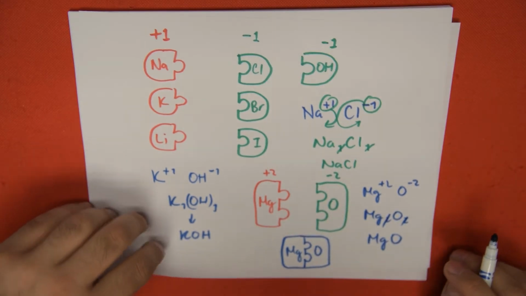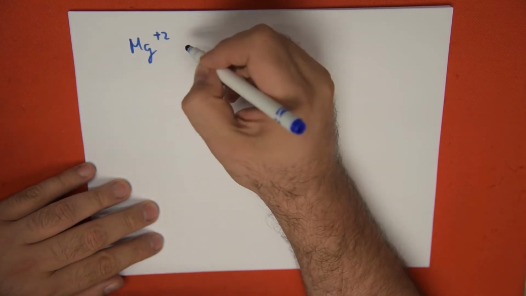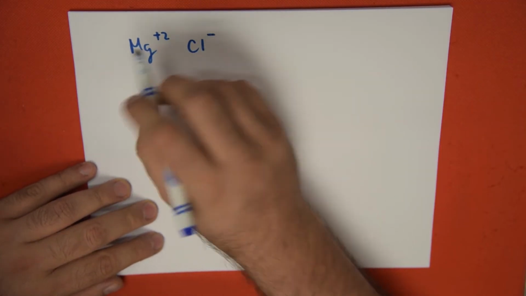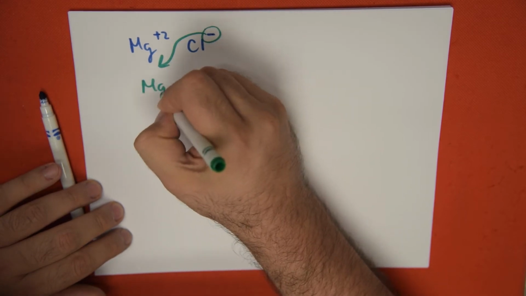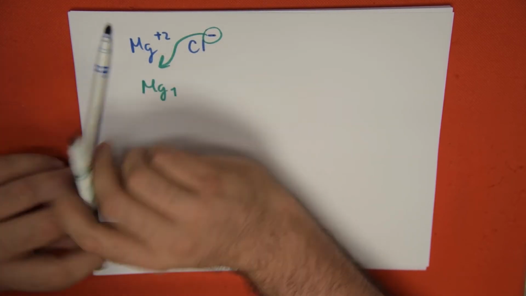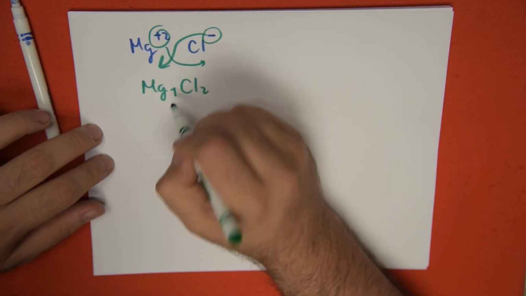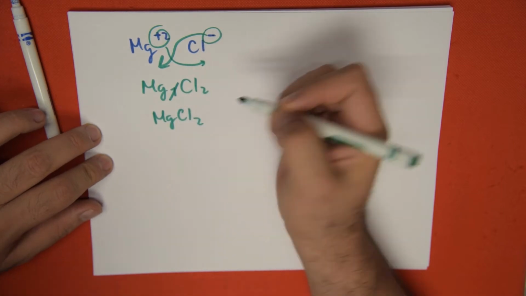Now, taking the same example, what happens when we mix magnesium, which is +2, with chlorine, which is -1? When we do the crisscross, this comes down here, magnesium 1, this comes down here, the 2, and we get chlorine 2. So we eliminate this 1 to simplify, and we get magnesium chloride. Okay?